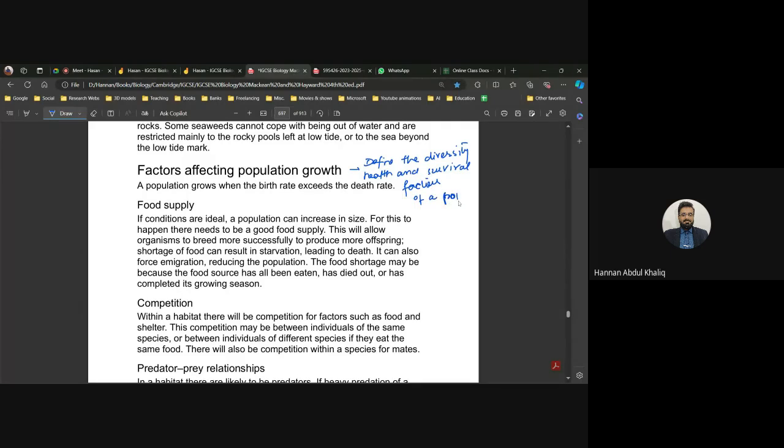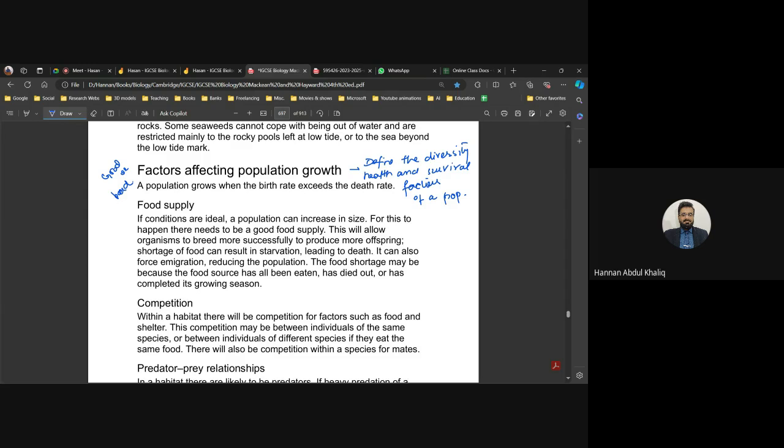Based on these factors, you can determine whether a population is good or bad, whether it is going to progress, or maybe it is going to decline.